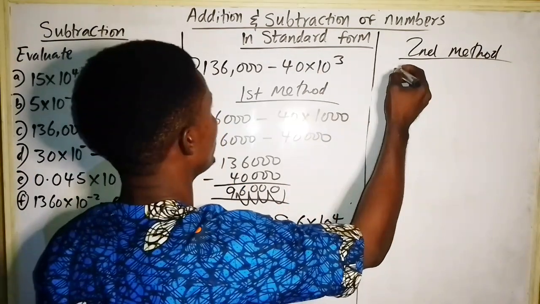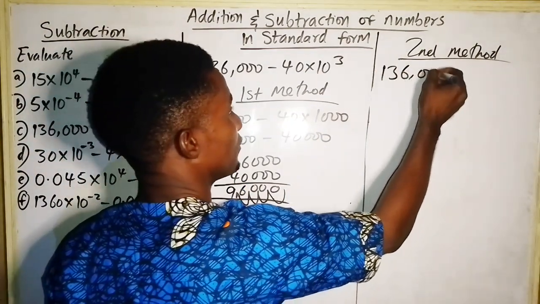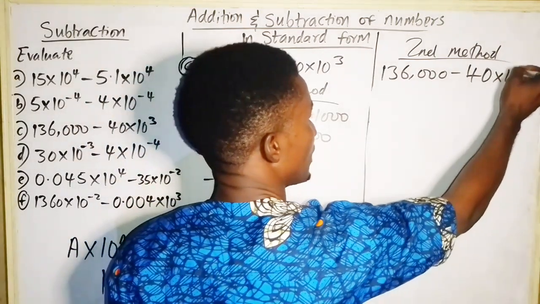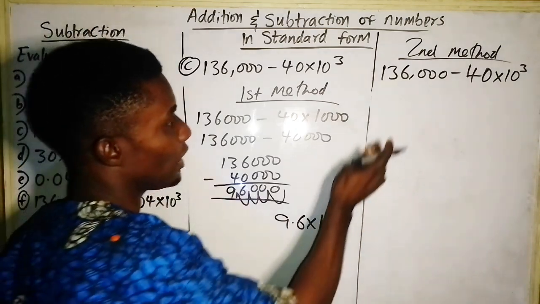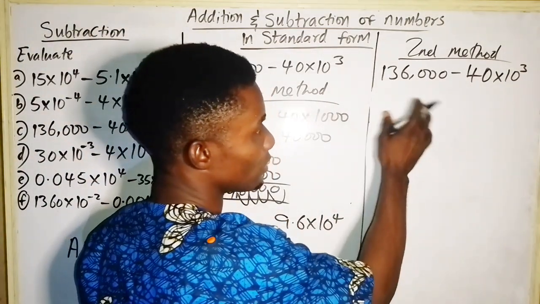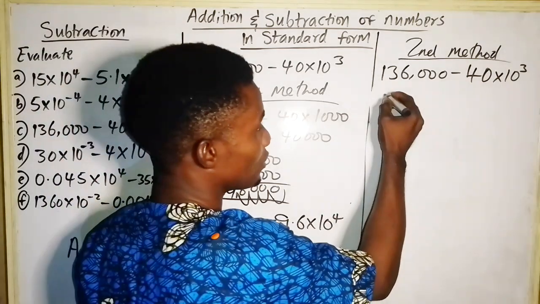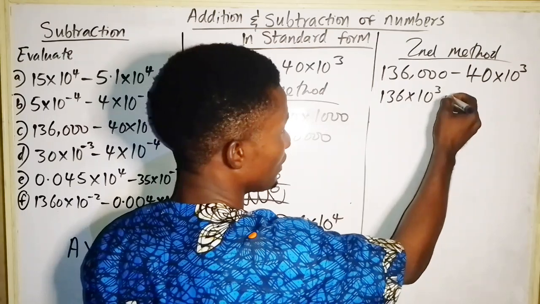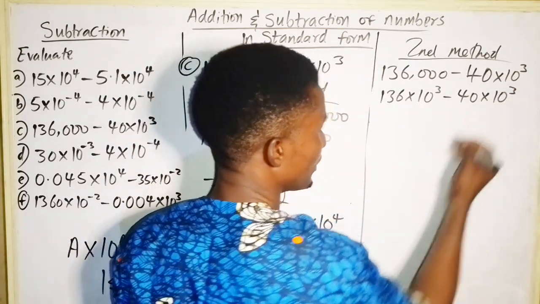Let's use the second method to figure out the same answer. Minus 40 times 10 raised to the power 3. So in this case, I will need to change this ordinary number to a standard form number so that they can have a common factor and we can evaluate completely. So we have 136 times 10 raised to the power 3 minus 40 times 10 raised to the power 3.